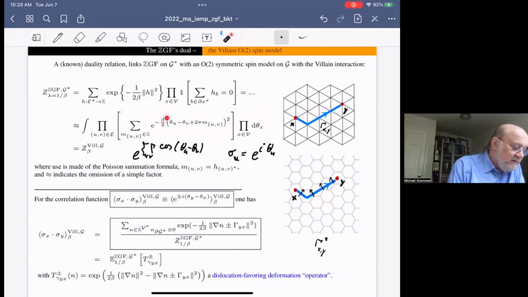The weights are controlled by the Gibbs factor, where you may think of this as a very close expression to the more standard Gibbs factor, where what you see up here is the energy minus the energy, and beta is the inverse temperature.